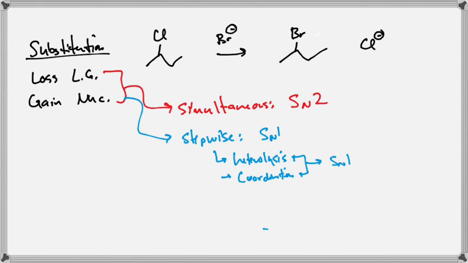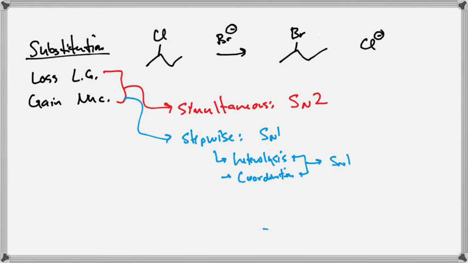Okay? Why the 1 and the 2? Well, the 2 we already addressed was bimolecular. What does the 1 mean? If 2 meant bimolecular, what do you think 1 means? Unimolecular. So again, if you looked at the rate expression, what you would see is only 1 species in the rate expression.